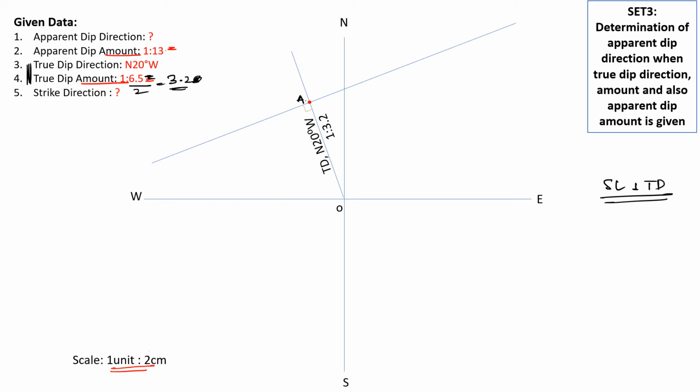So I plotted a strike line, and this is 90 degrees here, exactly 90 degrees we plotted, and it has been shifted to point O also.